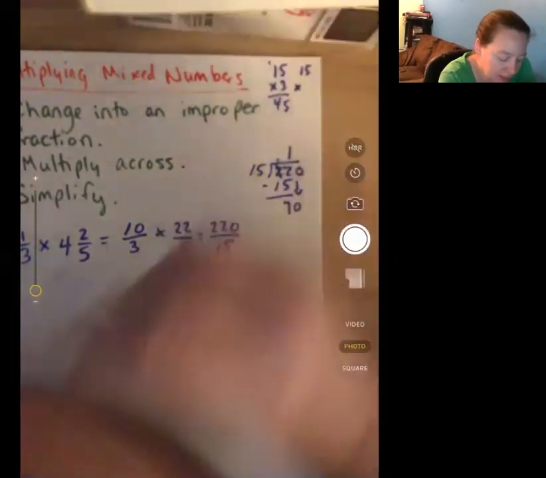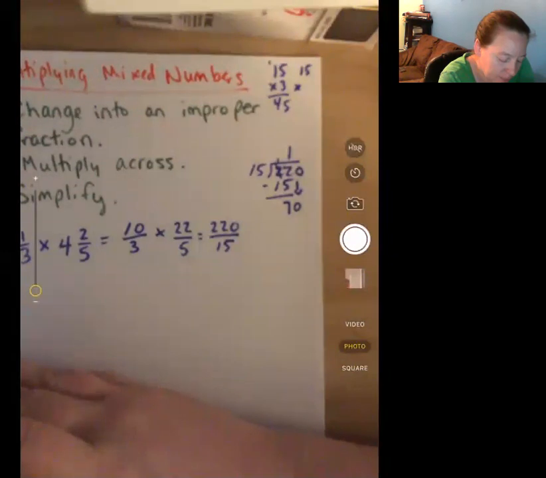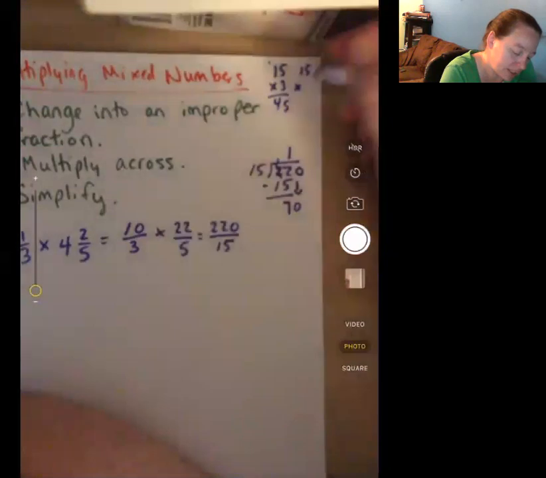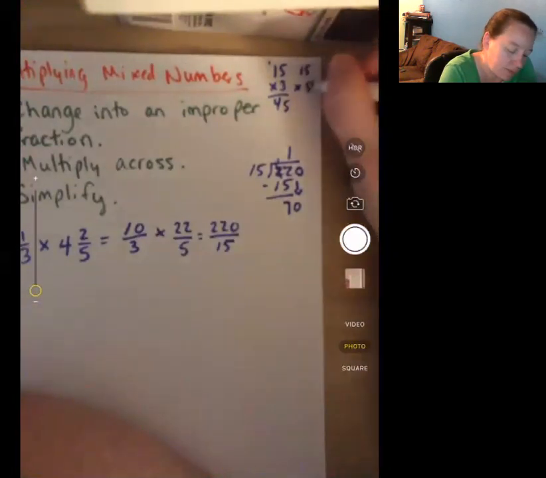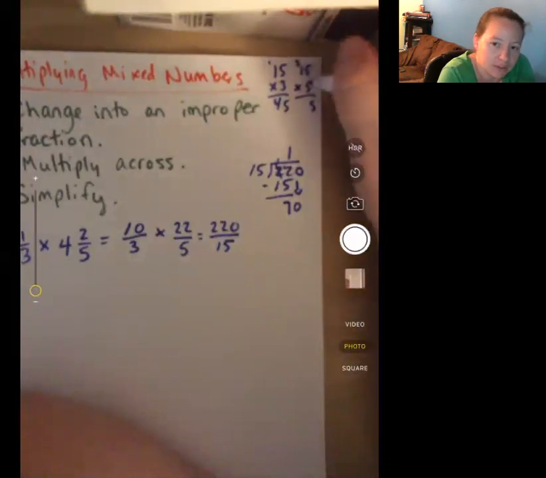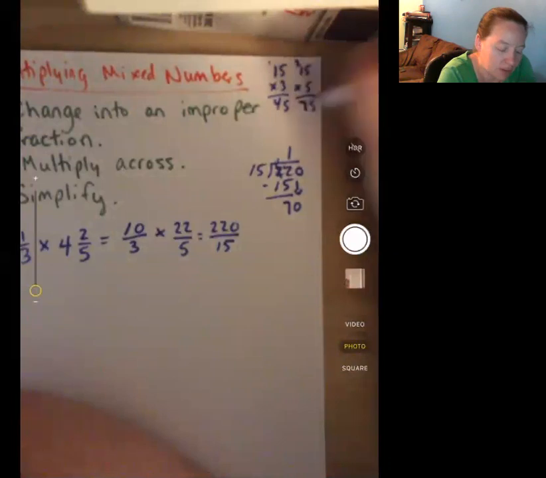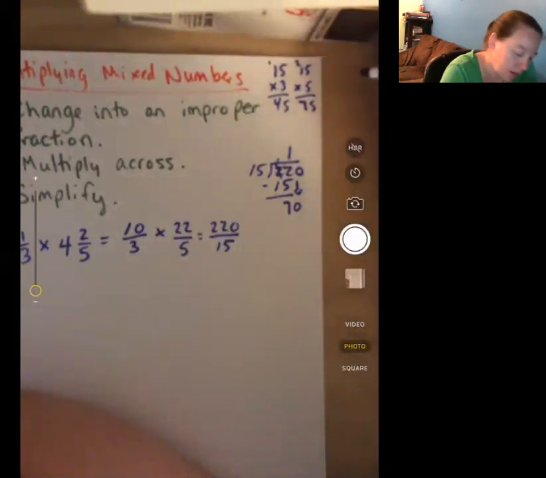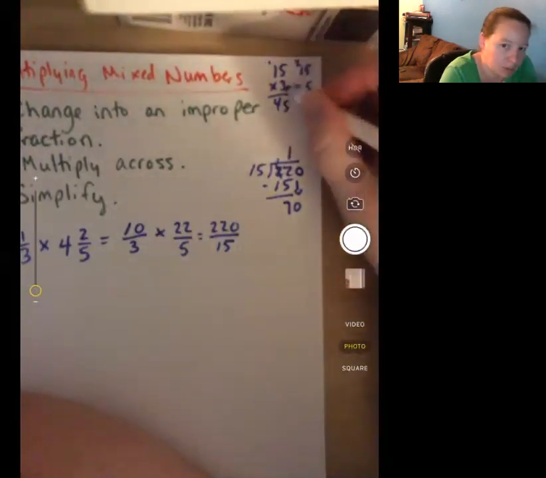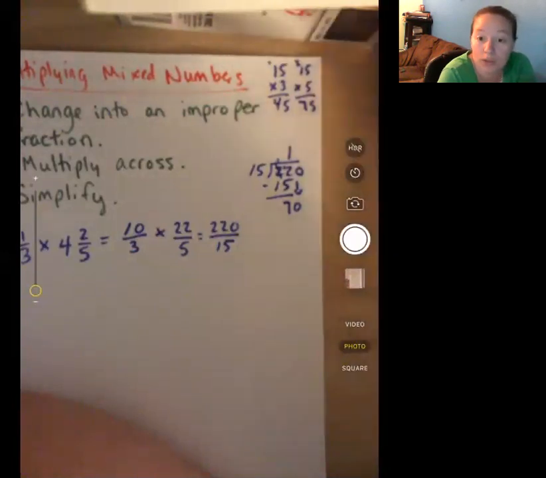Let's try 5 times, because 45 is kind of low. 5 times 5 is 25. 5 times 1 is 5, plus 2, 7. 75, oh, that's a teeny bit too high. Okay, so we know it has to be between 3 and 5, and the only number between 3 and 5 is 4.